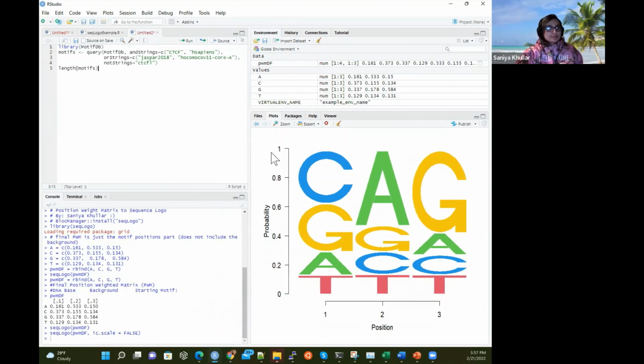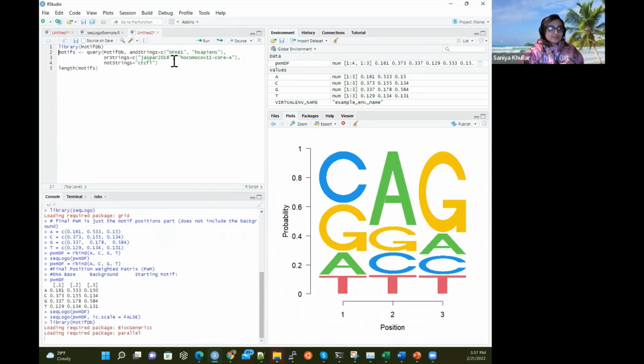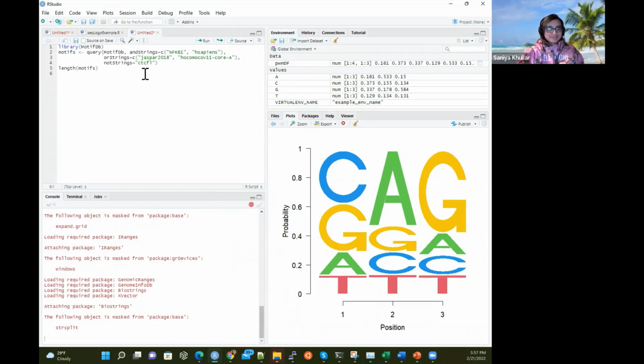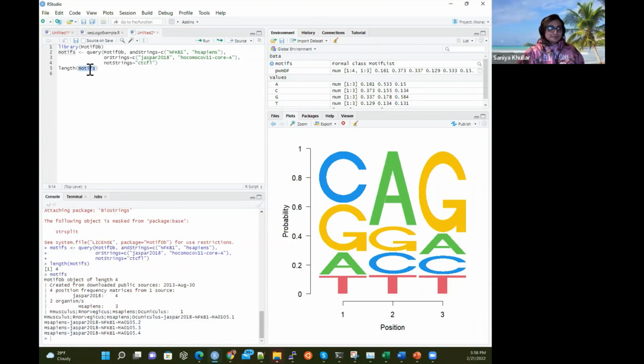I had shown an example for the REST transcription factor. Let me show you another example, NFKB1, for instance. It's just loading in motifdb, this database. So there are 4 motifs here that show up.